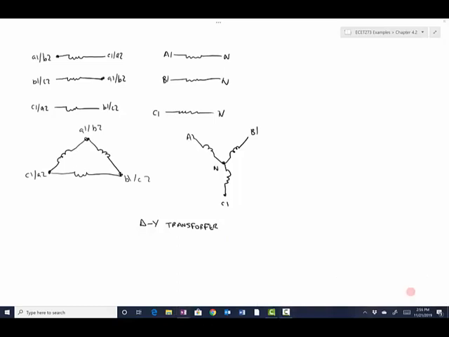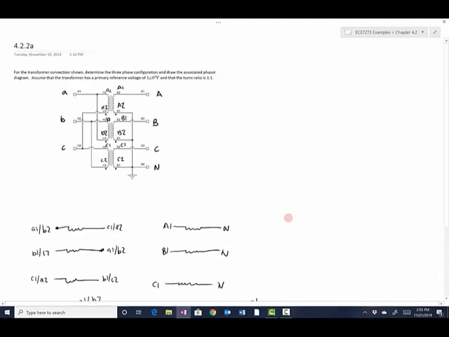Okay, so now what we want to do, now that we know it's a delta Y, we want to determine what the phase relationship is, and normally we represent that with a phasor diagram. So I'm going to scroll back to the top here, and I've got my transformer diagram here that we've been analyzing. So the question is what's the phasor diagram look like for this?